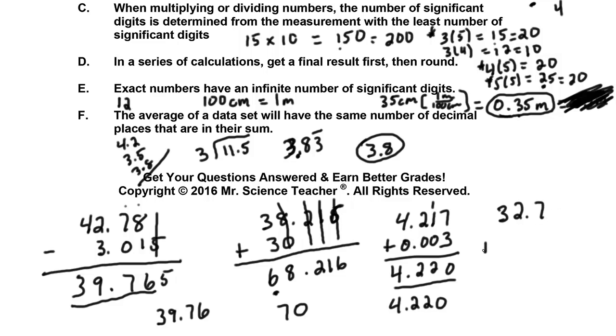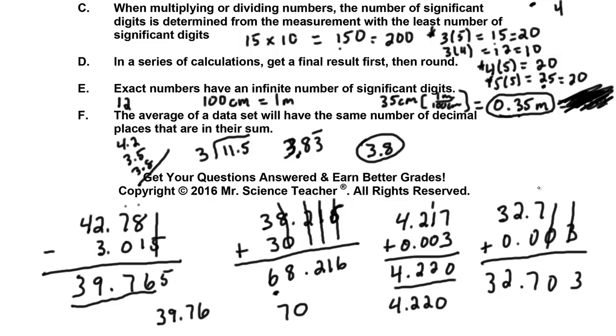32.7, and we're going to add to that 0.003. So we have the 3, we have a 0, we have a 7, and we have a 2 and a 3. So 32.7003. Well, you'd say, okay, well, they do not all have to the thousandths place. That's correct. And they do not have to the hundredths place.